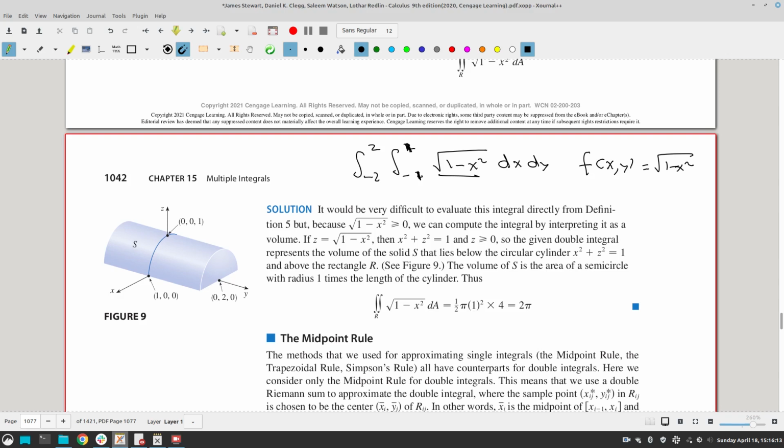It's the part of the cylinder that lies above the xy plane. So z equals the square root of 1 minus x squared.